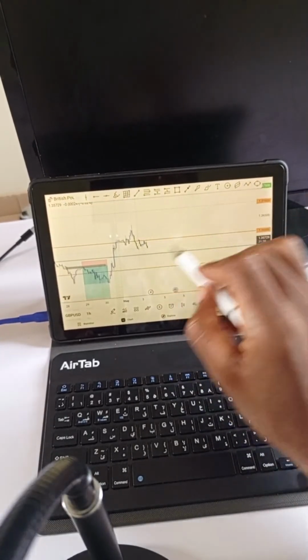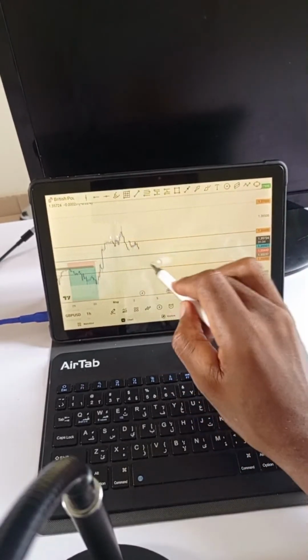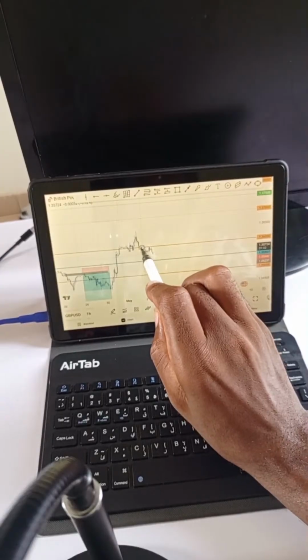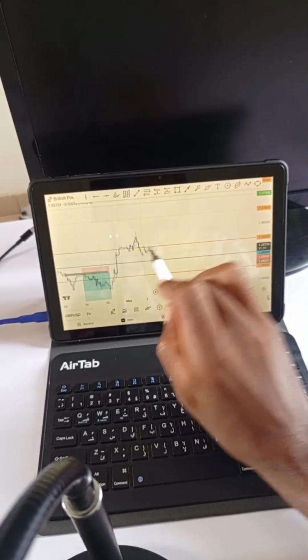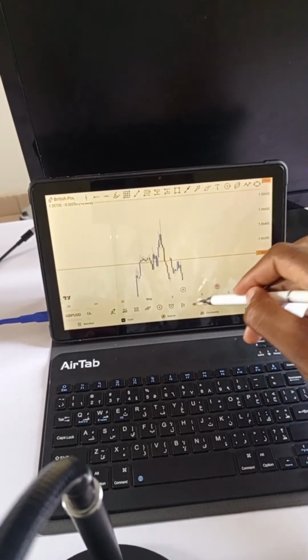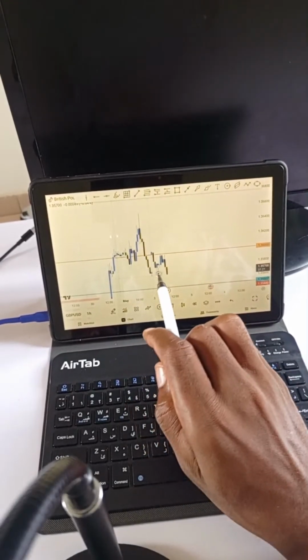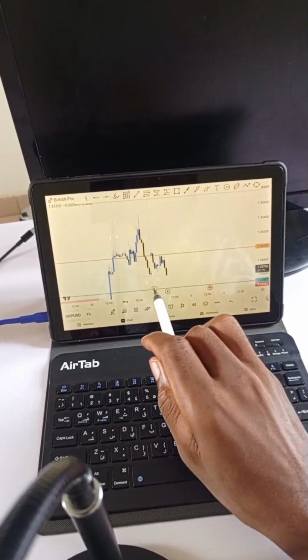Good. Well, I'll leave these key levels because we are trading off these key levels. So normally we're supposed to take a sell from this key level, but the sell actually validated too early before time.